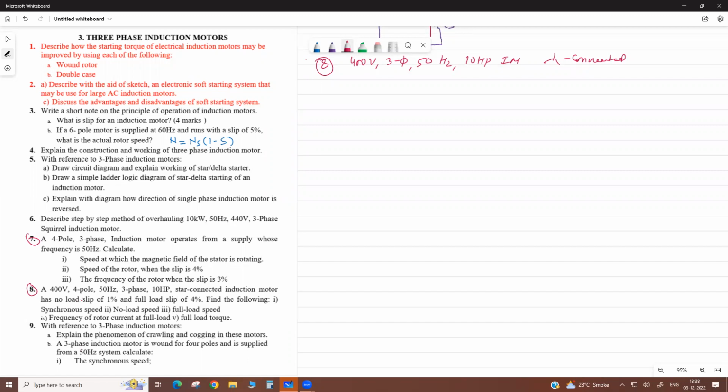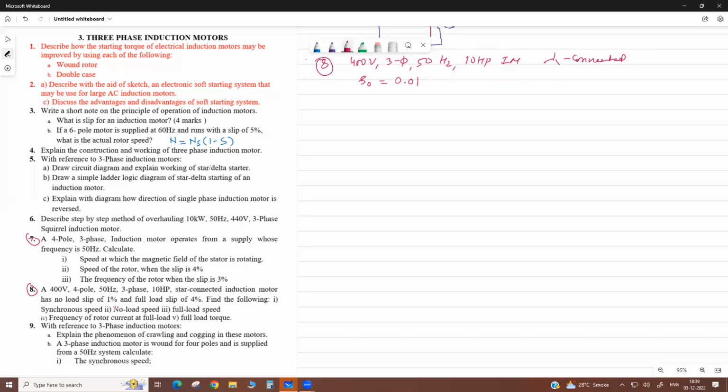Now we say that this has a no load slip. So suppose when the motor rotates at no load, there is a no load slip. As I told, at no load there is a low slip, which means speed is higher. In one question they ask how the performance changes from no load to full load.